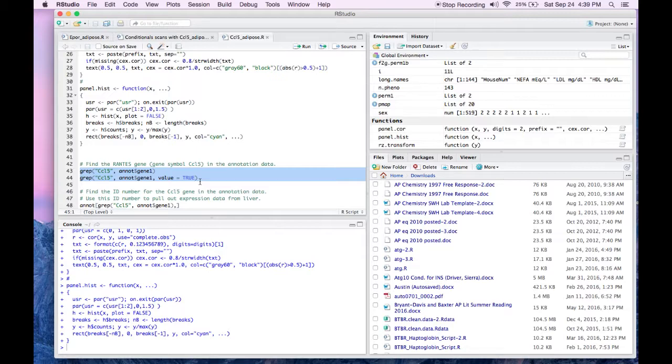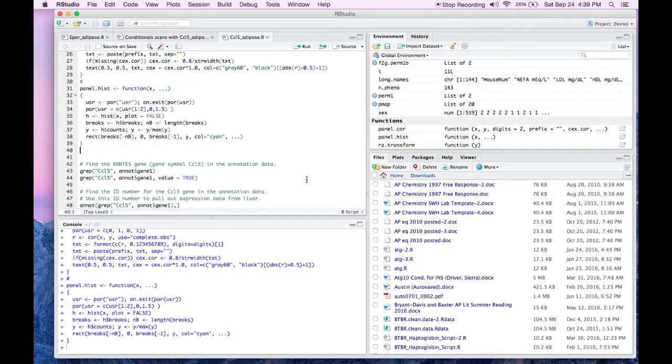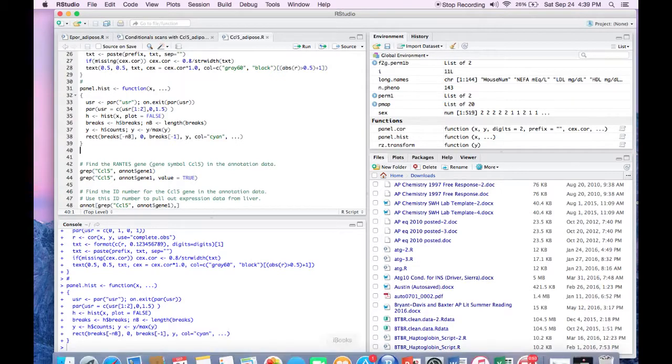And then I locate the gene that I picked out, and I'm using CCL5, which is the RANTES gene. It's involved in chemokine signaling because our research project is looking at phenotypical traits associated with type 2 diabetes and inflammation-related genes.